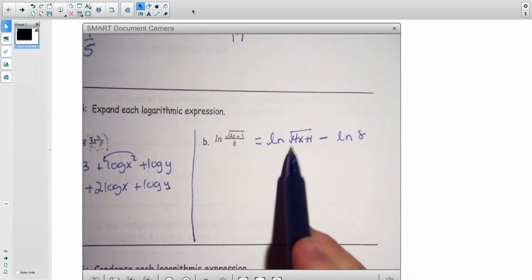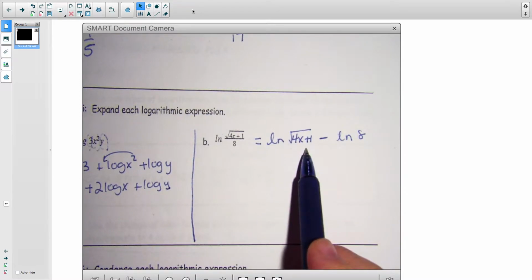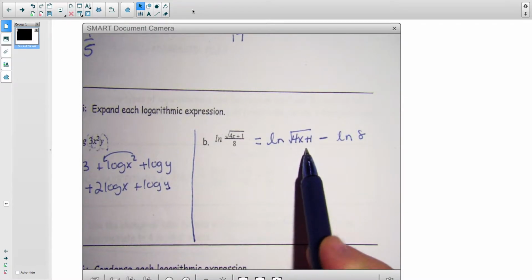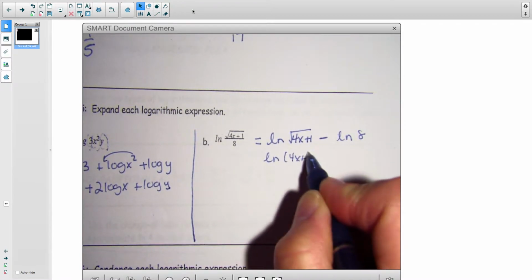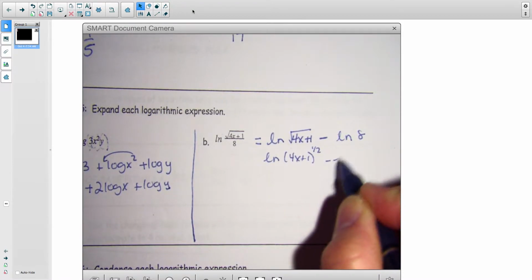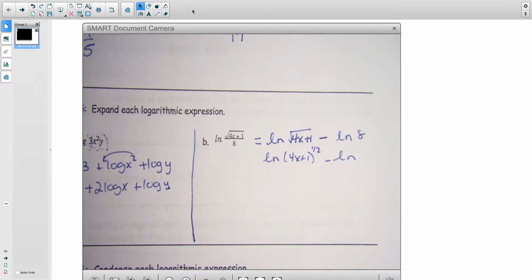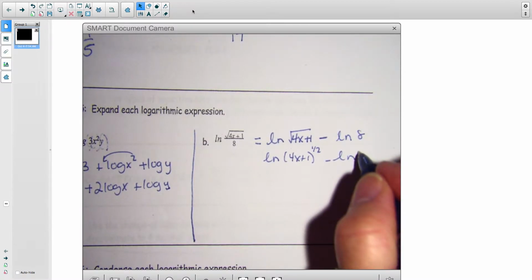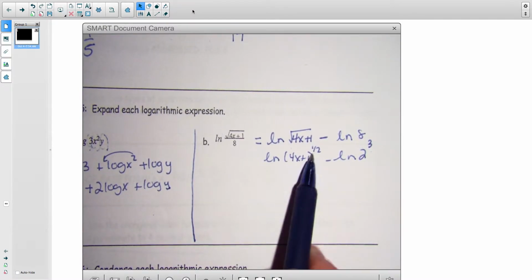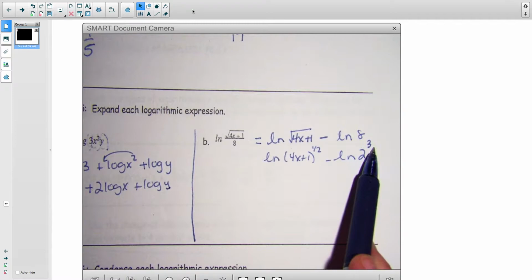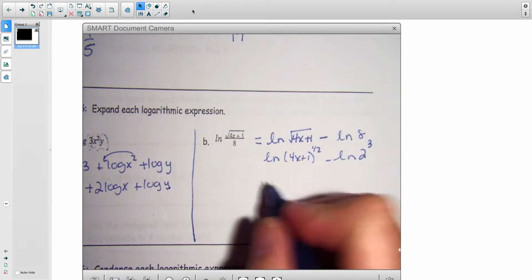Now this square root is the same as taking 4x plus 1 and raising it to what power? Half. And can I write 8 as a base, something raised to a power? 2 to the third. And now where do the exponents go? Out in front.